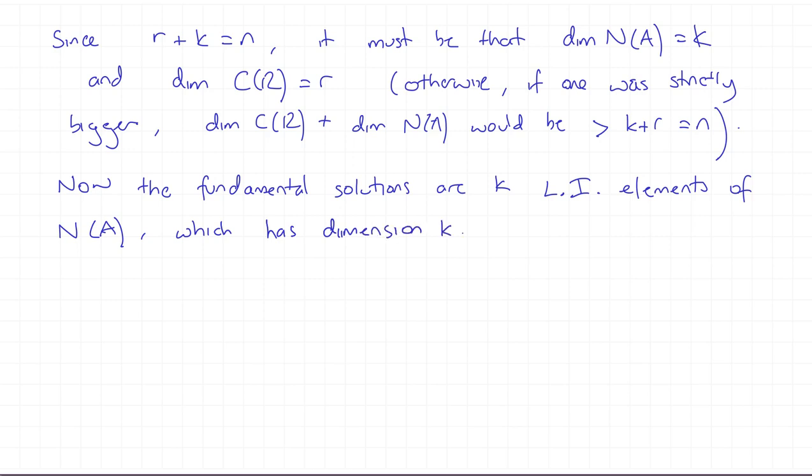Okay, if you have k linearly independent elements in a vector space of dimension k, then they are a basis. So we've proved that the fundamental solutions are a basis for N(A), the null space of our matrix A. And we now are in a position to actually calculate bases by following our row-reduced echelon form procedure.